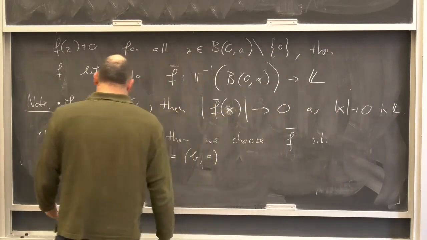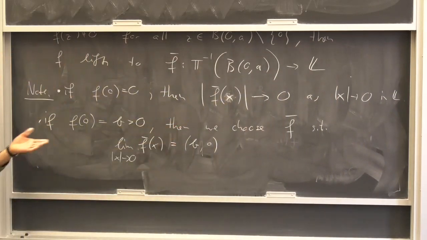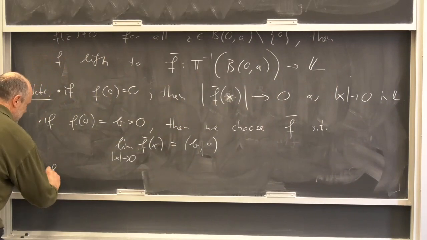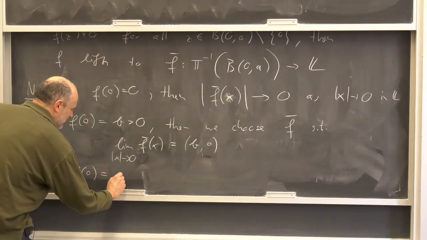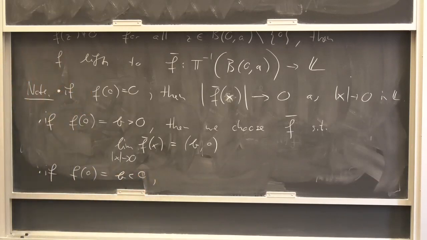And so this is a canonical choice because we have said we interpret the real numbers as being the numbers on L with 0 argument. For negative real numbers, there are at least two equally canonical choices. If b is less than 0, then it's either going to go on the line where the argument is pi or on the line where the argument is minus pi, or any one of the multiples of that.